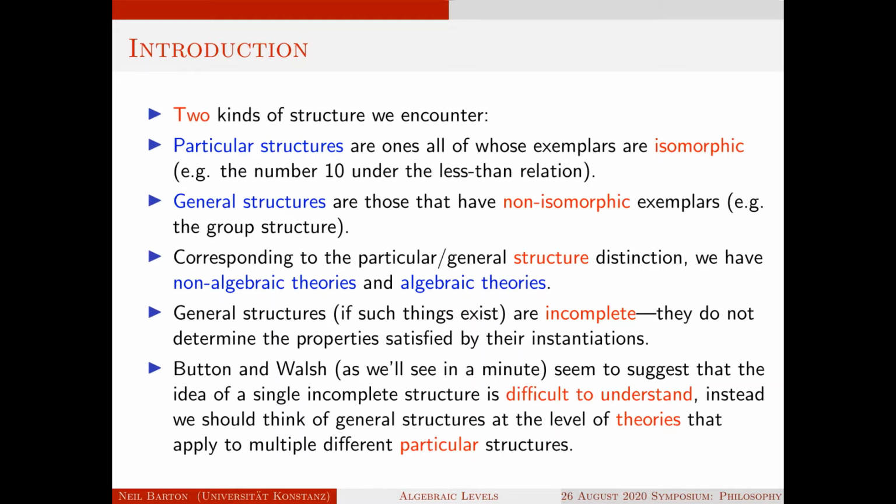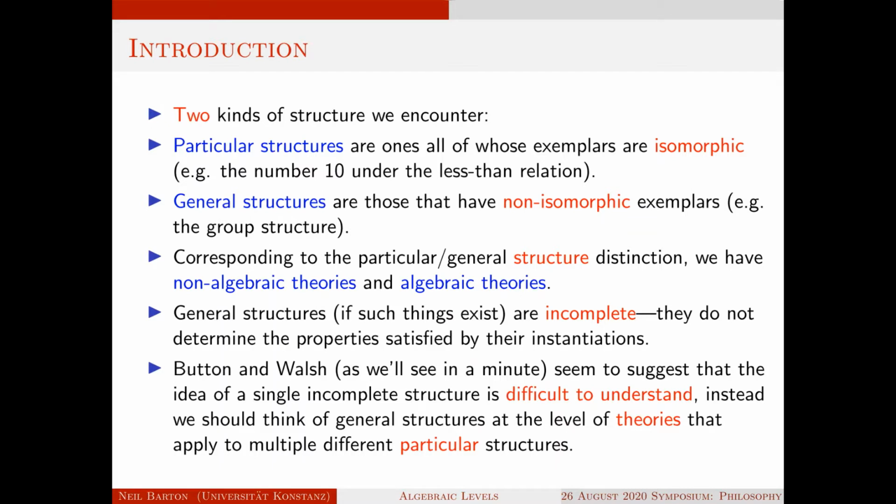But lots of people think that the natural number structure is determined up to isomorphism, or at least definitional equivalence or something along those lines. General structures, by contrast, are those that have many non-isomorphic exemplars. The canonical example here is the group structure. You can have the group of rotations of the triangle, but I can also look at the group of integers. One of those is infinite and one of those is finite. These are highly non-isomorphic objects.